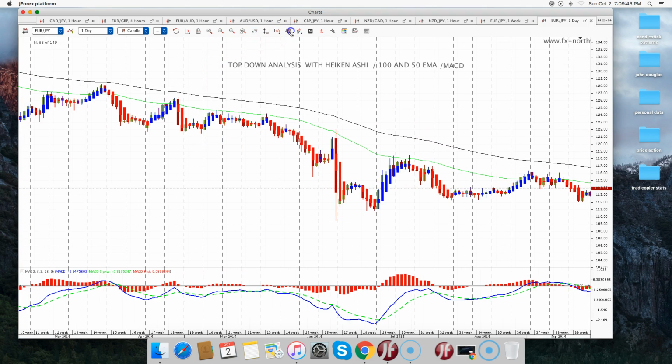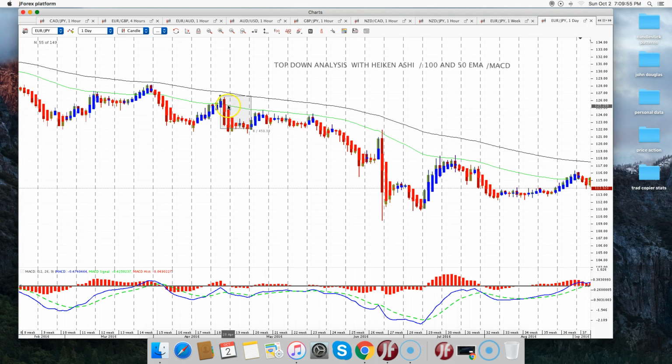This is a great example where we're clearly in a downtrend. The 150 moving average line is slanted going down, and then this candle right here on the daily chart finishes its retracement and starts heading south.